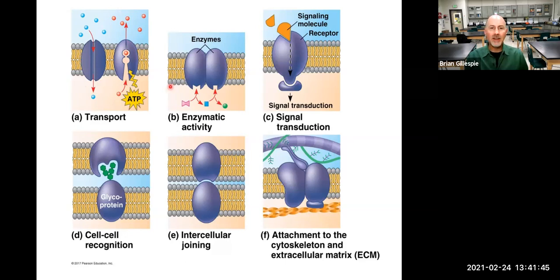But on top of that, these embedded proteins can do many other roles. One of them is that some of these proteins are actually enzymes. Enzymes are the proteins that help to facilitate chemical reactions.